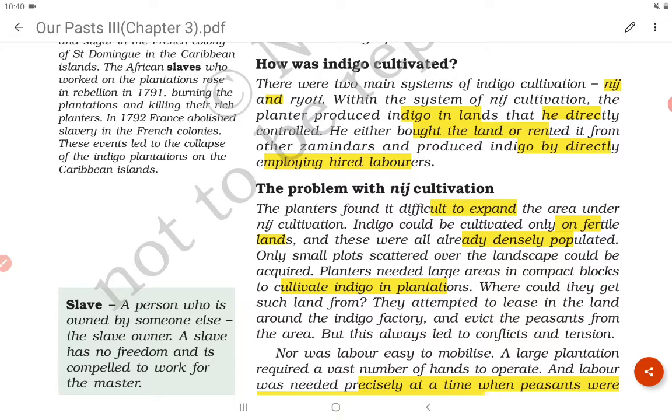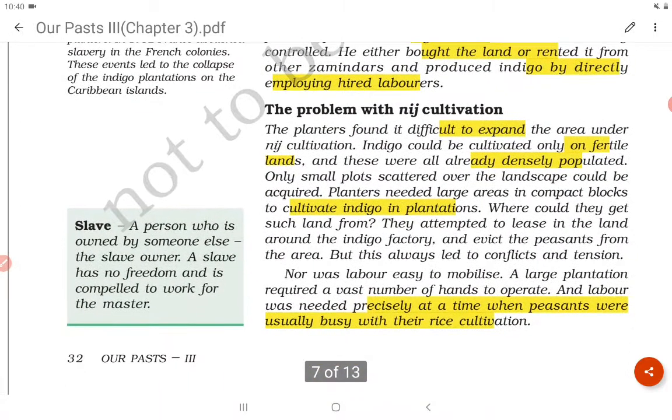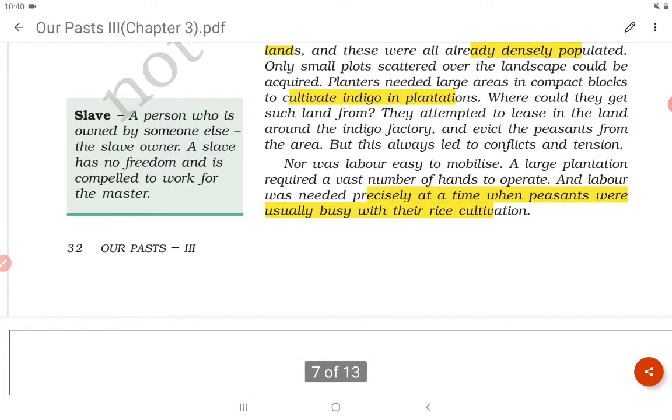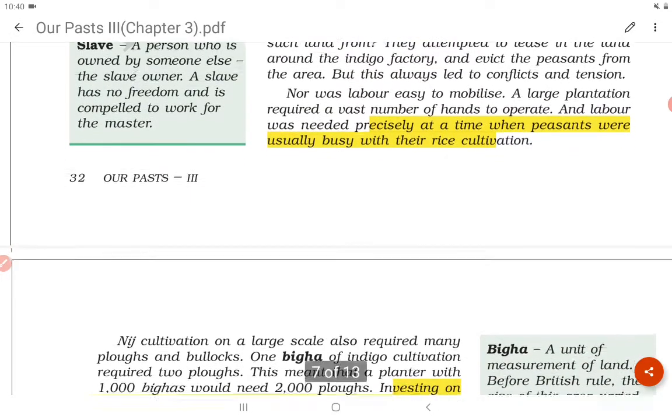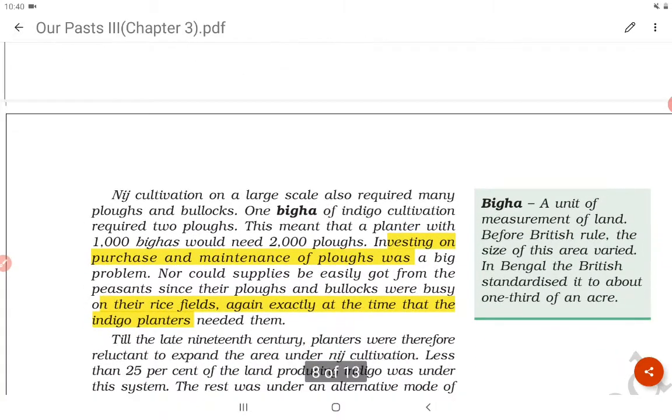Indigo could be cultivated only on fertile lands, and these were all already densely populated. And labor was needed precisely at a time when peasants were usually busy with their rice cultivation.